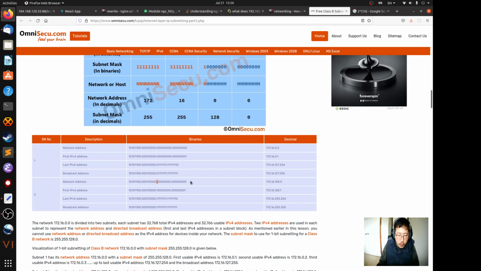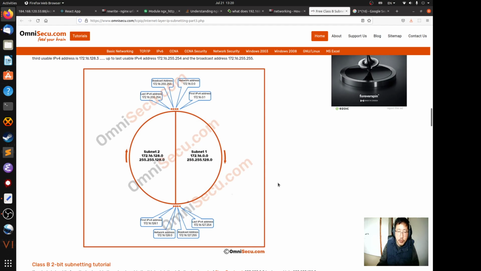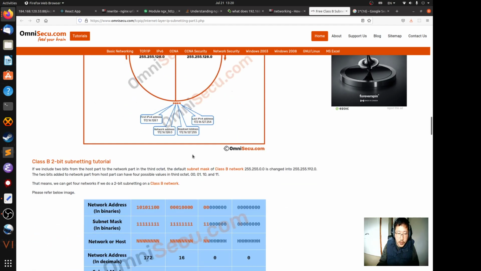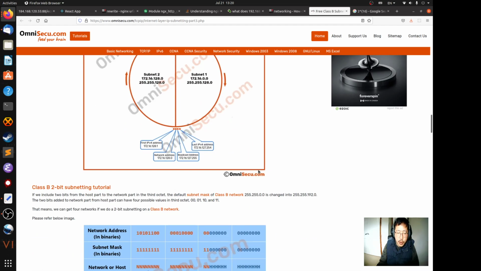So if you look at this diagram here, which is very useful, you can see that it starts with the network address for the first subnet, then usable IPs up to the last usable IP, and then the broadcast address. Then begins the network address for the second subnet, and then usable IPs, and then the broadcast address for subnet 2. It's very similar to class A, just fewer bits to work with.